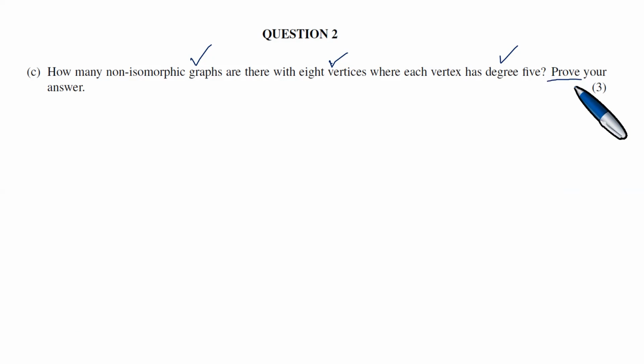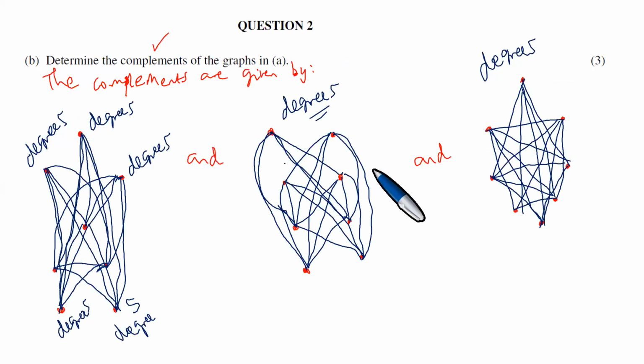To do this question, we need to answer first, how many non-isomorphic graphs are there with 8 vertices where each vertex has degree 5? We saw that each vertex had degree 5 in the previous question, so this actually cuts down the amount of work.